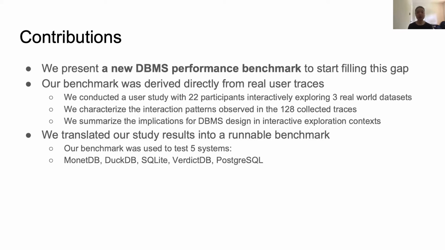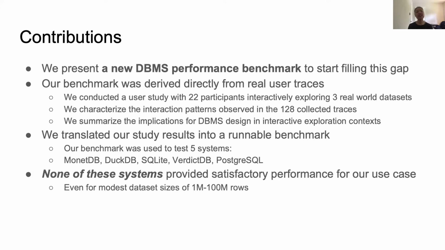We then took our 128 traces from our study and translated them into a runnable benchmark, which was used to test 5 different systems. We find that none of these systems provide satisfactory performance for cross-filter use cases, even with a modest dataset size of 100 million rows.